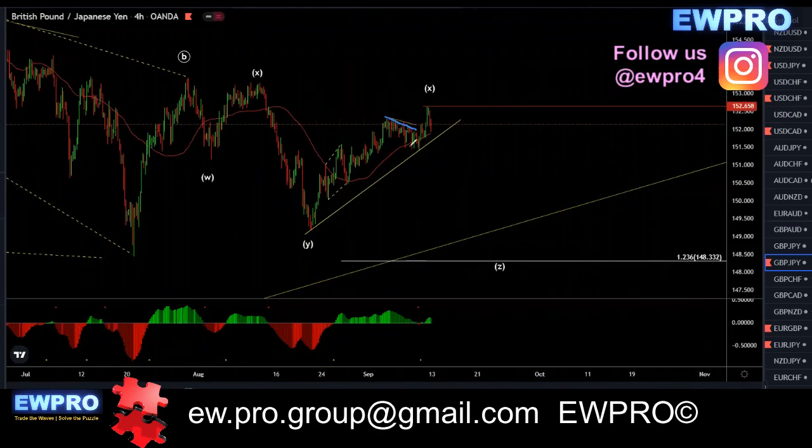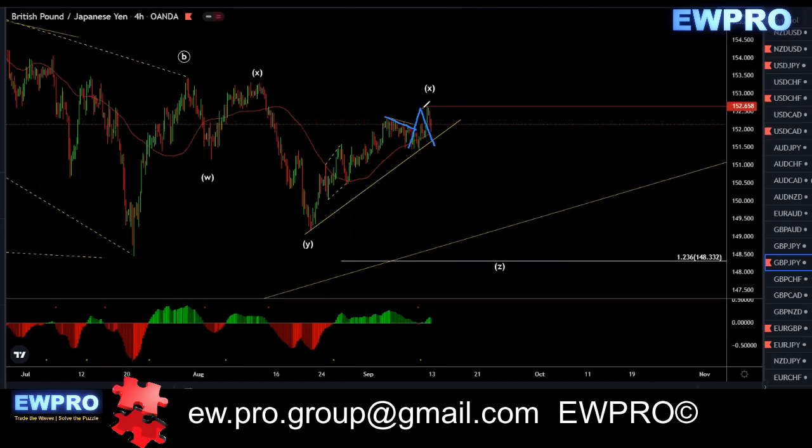So like I said last week, we'll probably get another one up here and then look for the sell. And we did get another one up. And so now you can look for that because we've got that bear hidden here. So we're looking for that Z down to go and break this low to give us that bullish divergence.